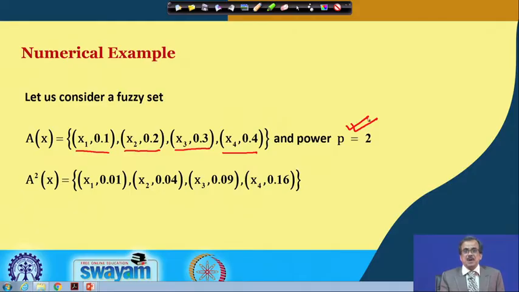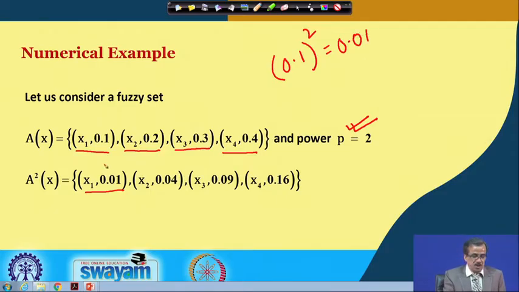This is the concentration of a fuzzy set. A^2(x): for x1, we find 0.1 squared, which is 0.01. So corresponding to x1 we write 0.01.